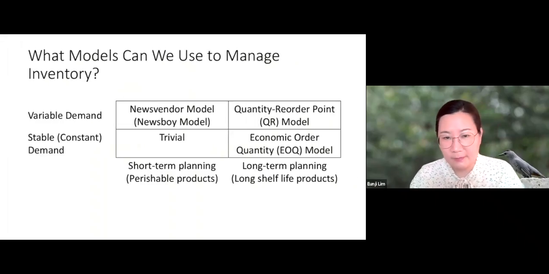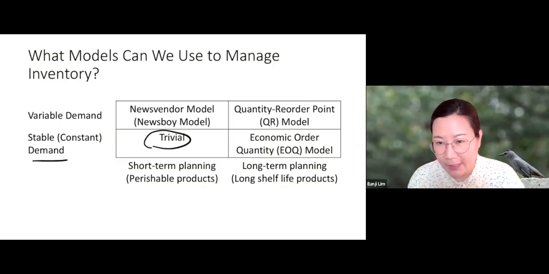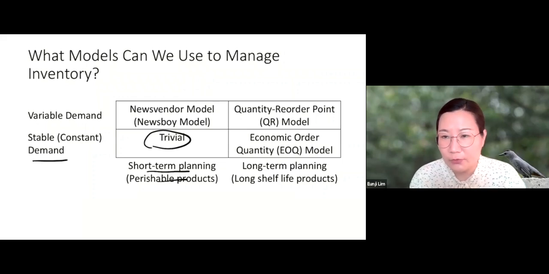So let's look at this table. Let's look at the lower right corner. This is a case where demand is stable and we have a short shelf life. So for example, we are producing swimming suits for the upcoming summer and demand is constant. That means we know exactly how much demand we're going to have.